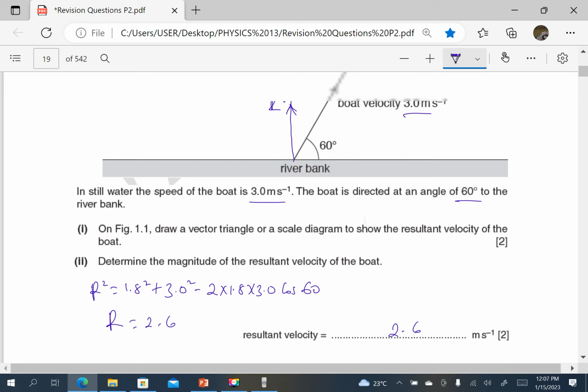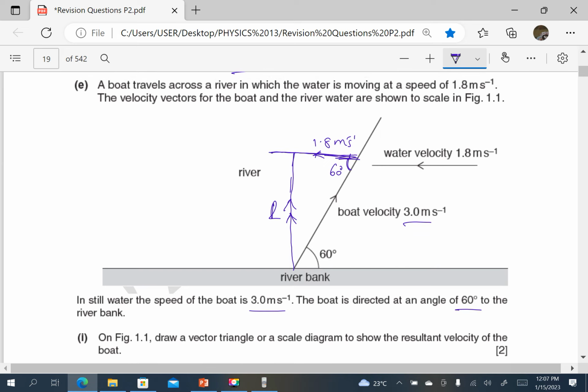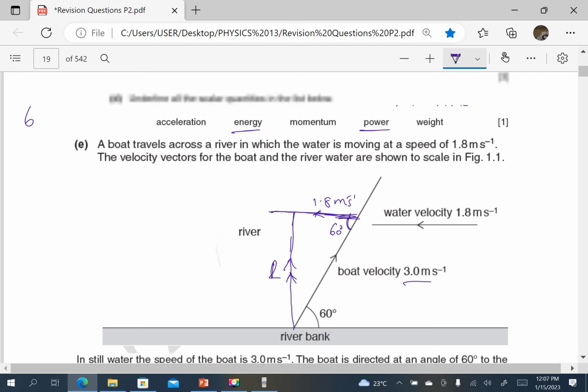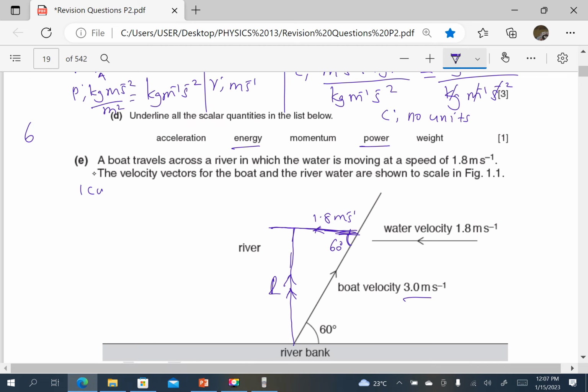You can use a scale diagram, although it is hard to draw the diagram. I will choose a scale so that these are simple values. I will simply say let 1 centimeter represent 1 meter per second.